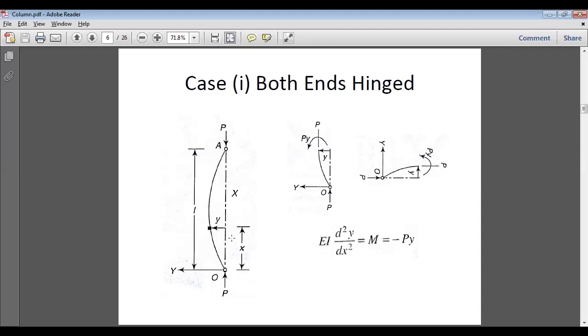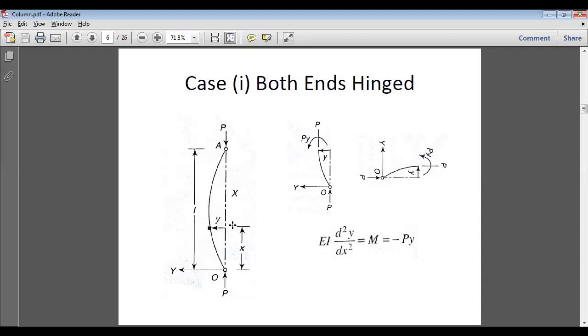So this is y, and this will be y max. At the center it will be exactly at the maximum, because both points of loading are equally loaded. So y max will be at the maximum, and this is the y distance.